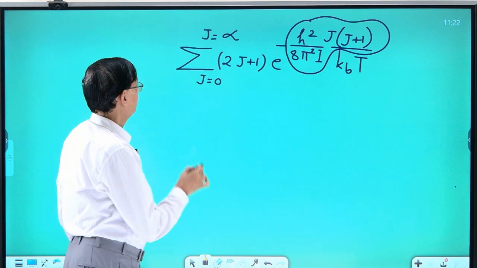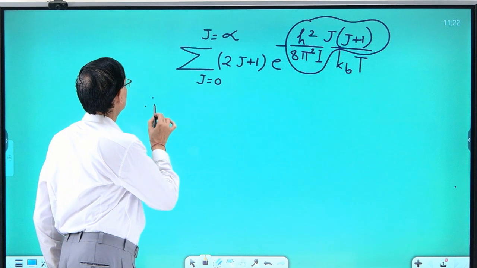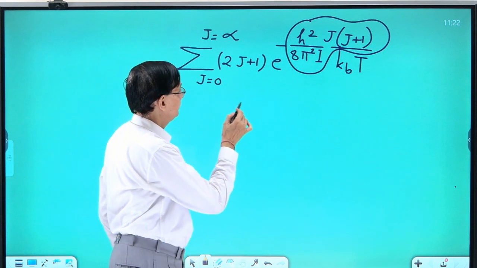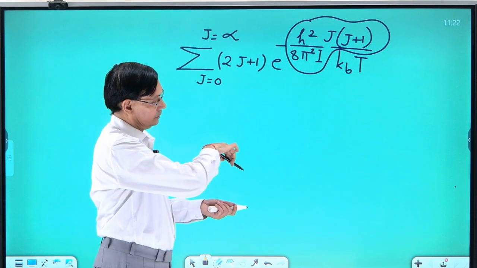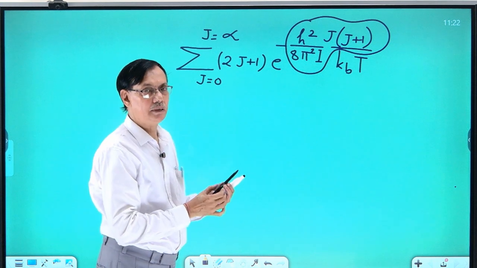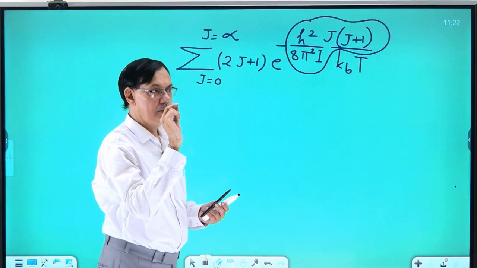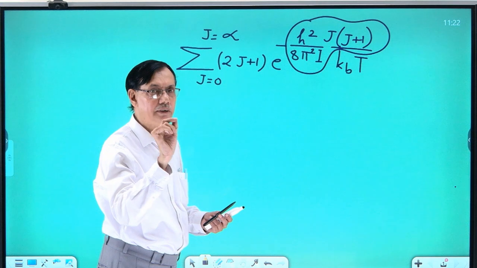Now, in the previous transformation you have seen that I have used a term called the characteristic rotational temperature.